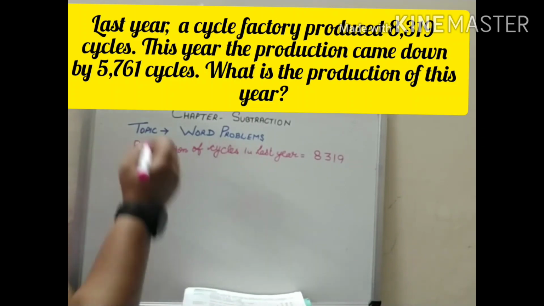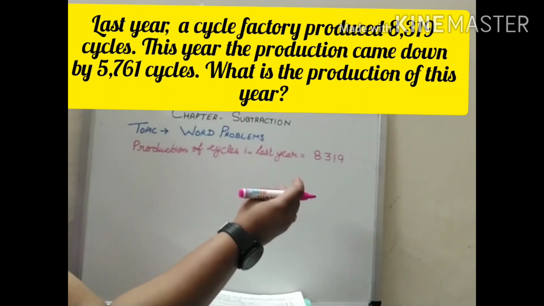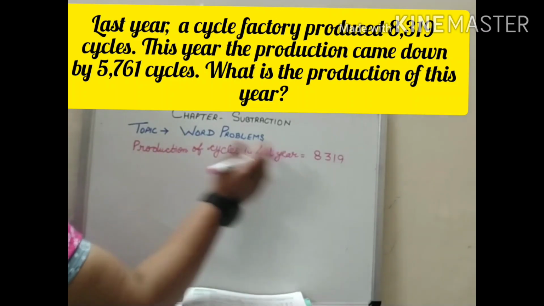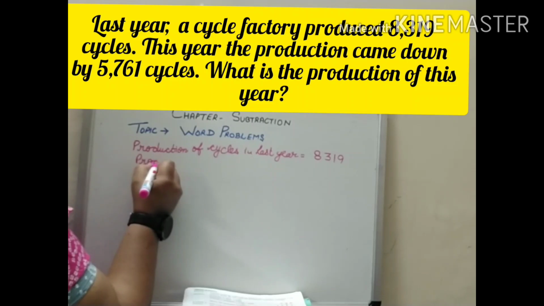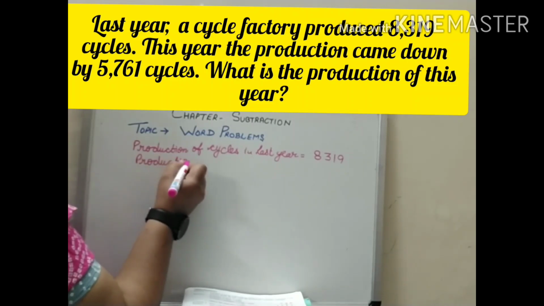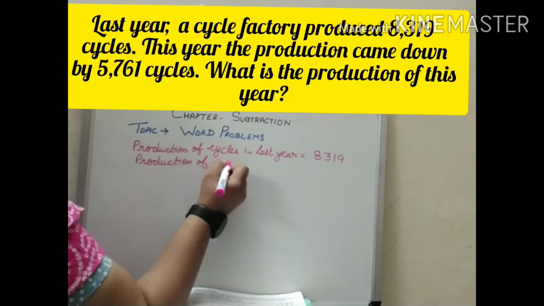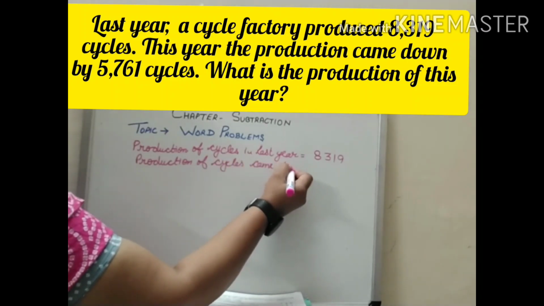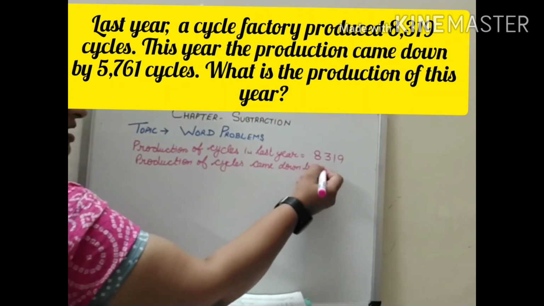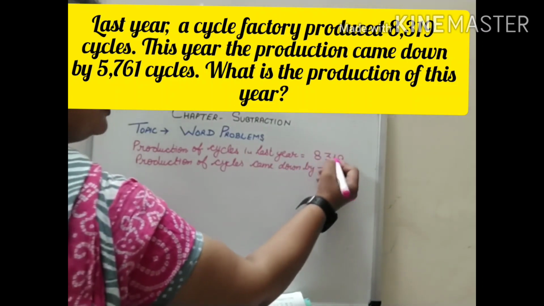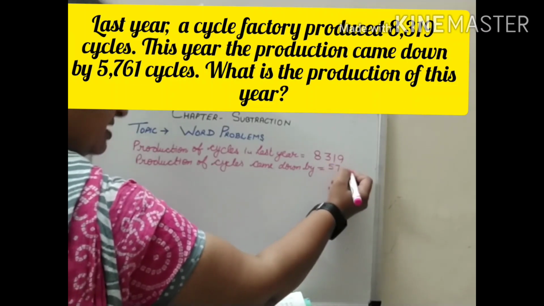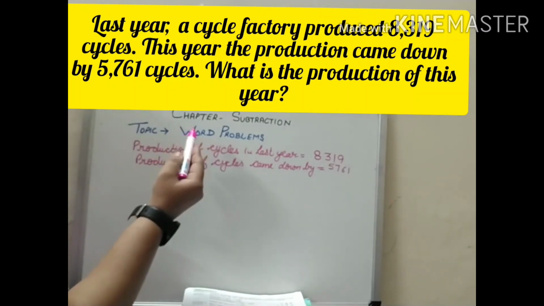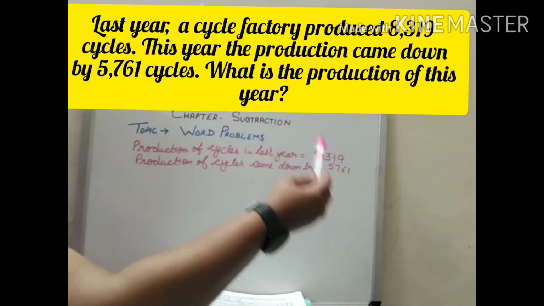So you can write, as it is, or you can write production of cycles came down by is equal to 5,761. Or you can write as it is given in the question, this year the production came down by.